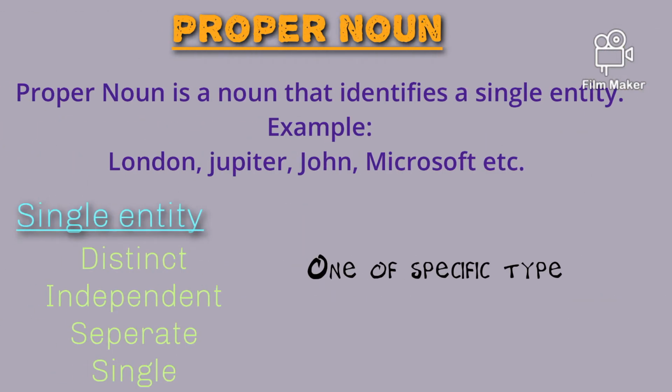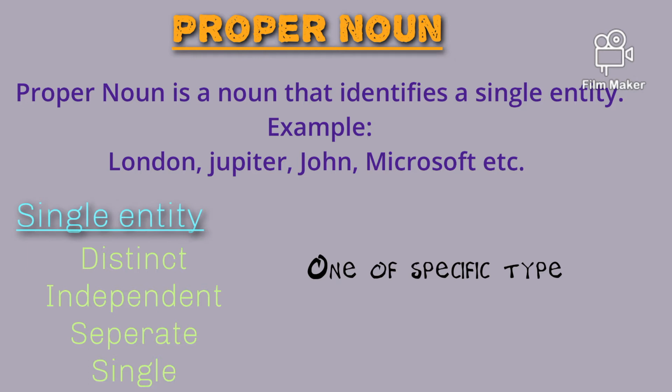Proper noun. Proper noun is a noun that identifies a single entity. Example: London, Jupiter, John, Microsoft, etc. So examples are, these are names. As I told you in my last video, noun means name, basically, of a person, place, or thing, or emotion, or idea.